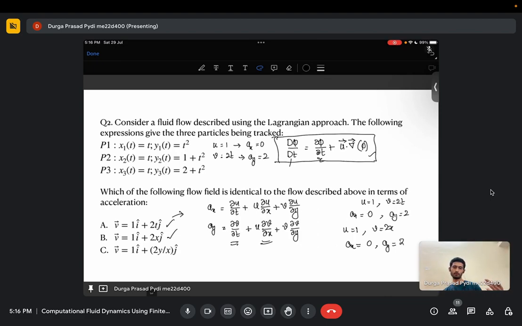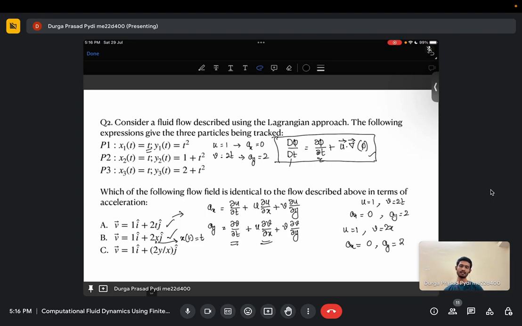So you can get the same acceleration values even though your velocity fields might be different. Essentially what is happening here is your x is again a function of time, where x of t is equal to t, that is the particle motion being traced, right? So both options A and B will satisfy that. I hope it is clear.